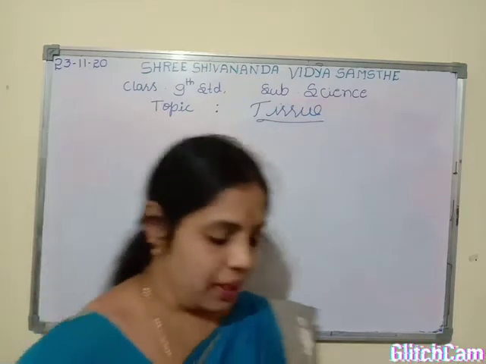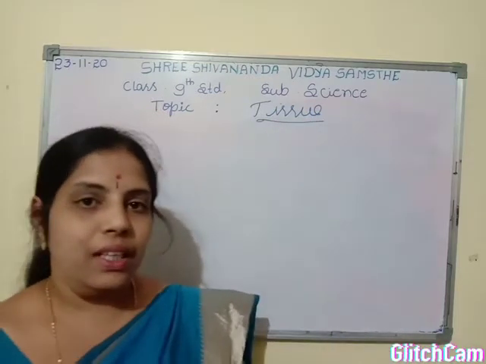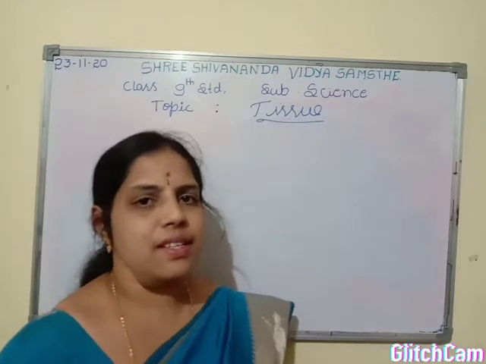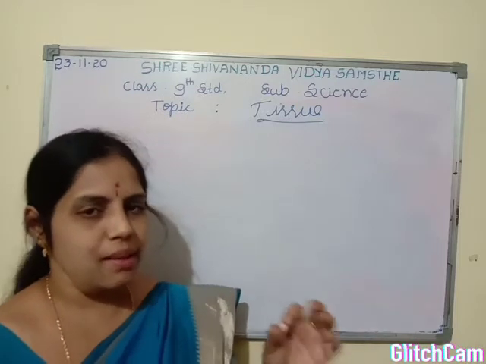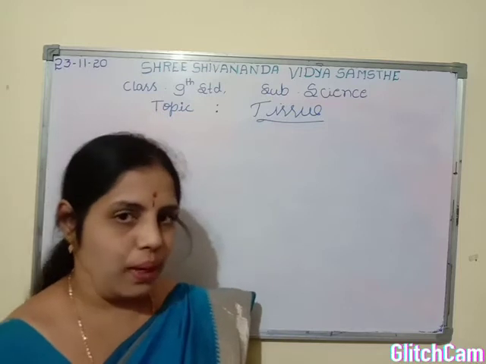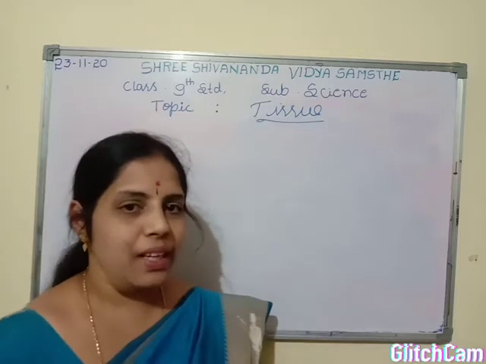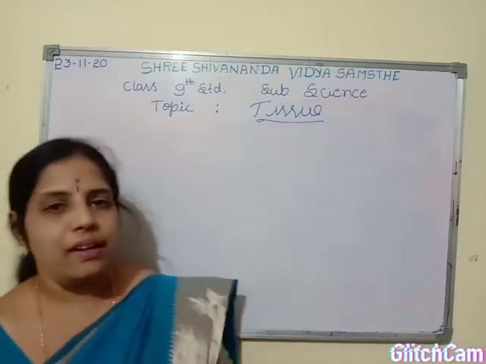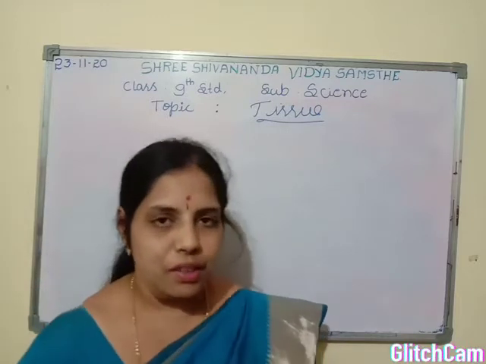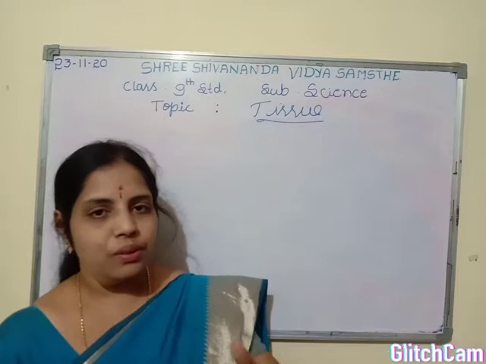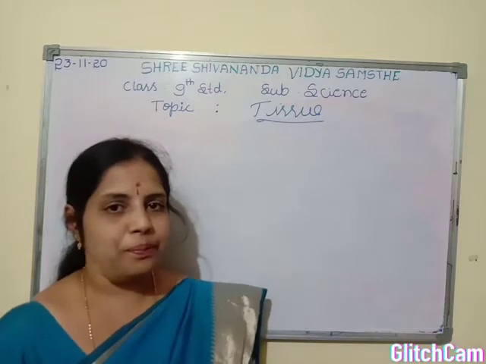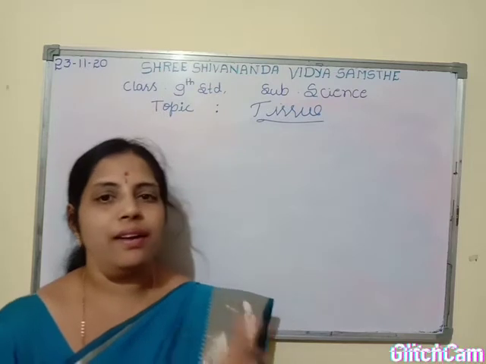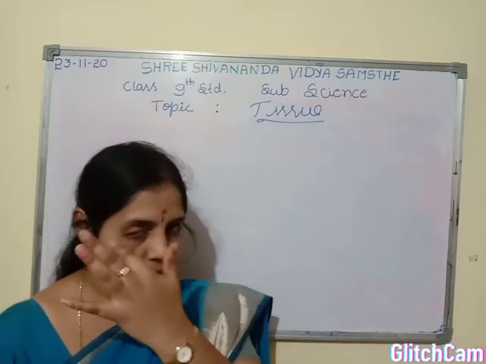Before we go to the next topic, let's remember what we already discussed in our last class, that is plant tissue. In plant tissue, there are two important types: meristematic tissue and permanent tissue. Permanent tissue is again classified into two types: simple permanent tissue and complex permanent tissue.